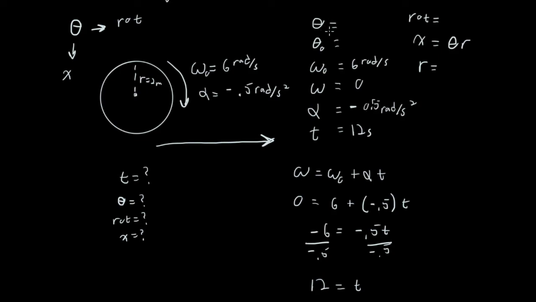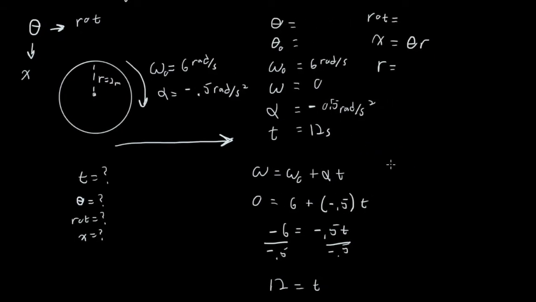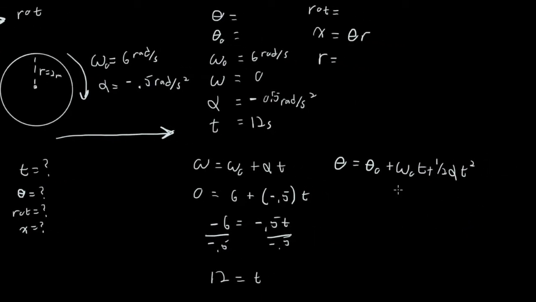And now we want to know, how many radians are we traveling? Well, that shouldn't be too tough. We can use our normal displacement equation and plug in our variables.